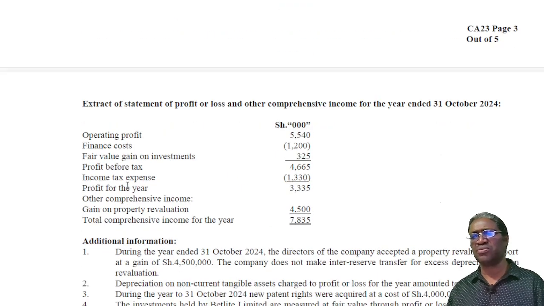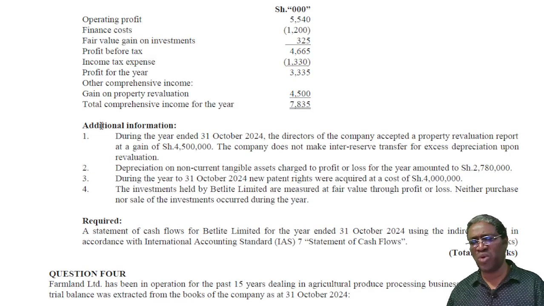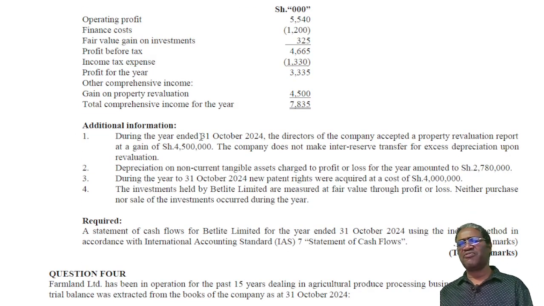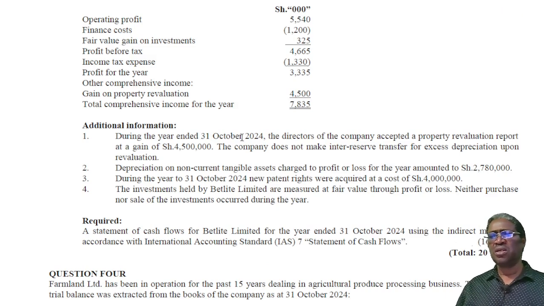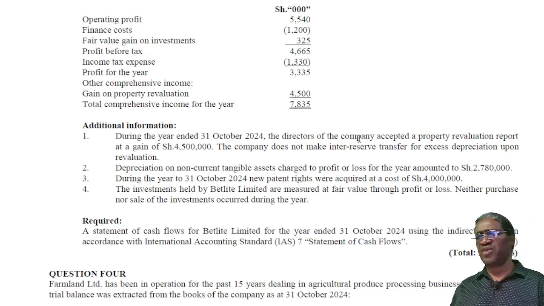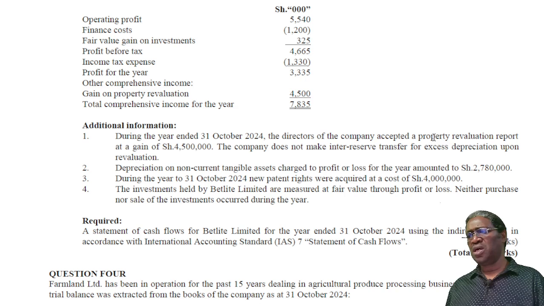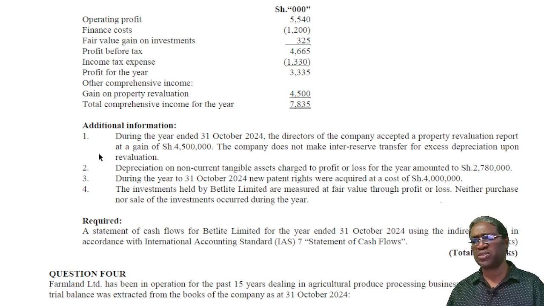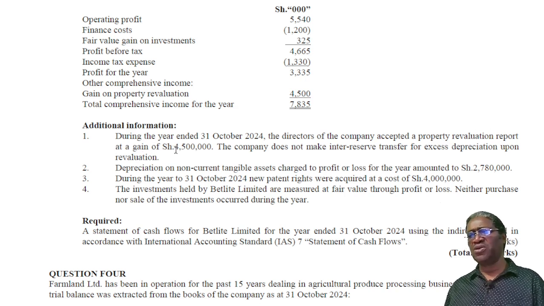Additional information. Number 1, during the year ended 31st of October 2024, the directors of the company accepted a property revaluation report at a gain of 4.5 million. The company does not make inter-reserve transfer for excess depreciation upon revaluation.